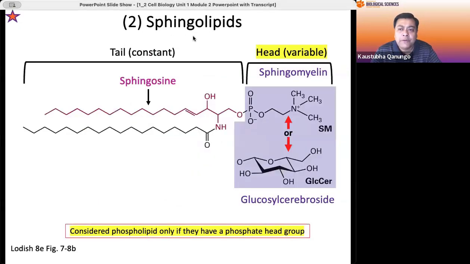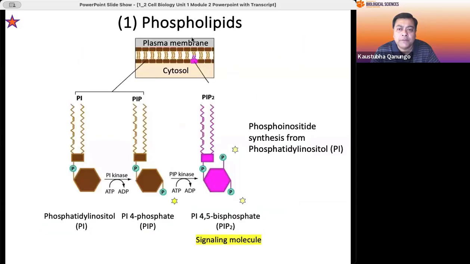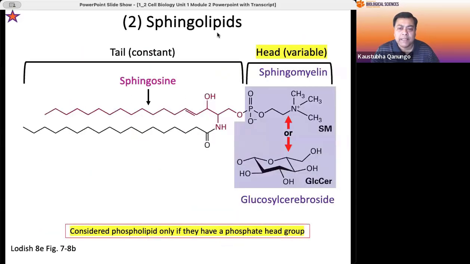All right. So after that, from phospholipids, we are going to the sphingolipids. The sphingolipids have a head which is variable, and the tail is constant, which does have two fatty acid tails, as you can see right here. The difference is that if the sphingolipid contains a phosphate right here, then it is considered a phospholipid as well.